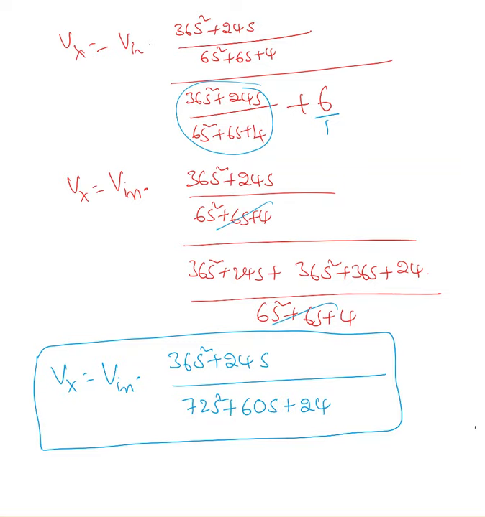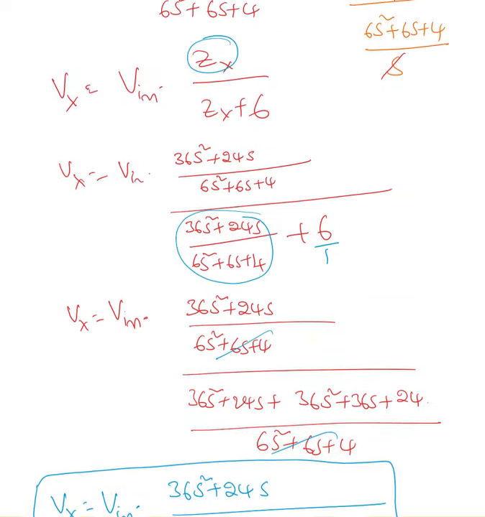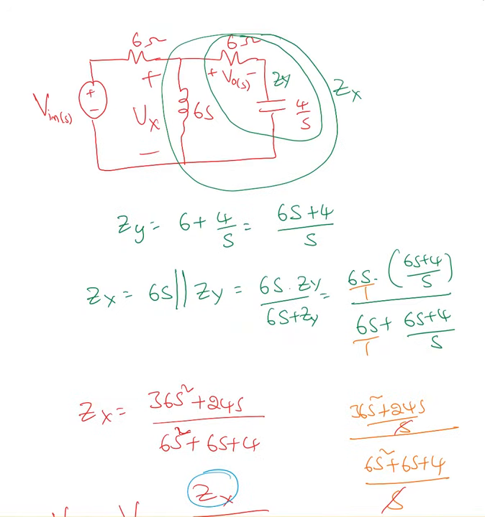This is our Vx. This is not our V output. So if you look at the circuit, for the V output, again I have to use the voltage division rule. So my V output equals Vx times the same impedance, which is 6, over total impedance, 6 plus 4 over s. I'm going to copy this down there.